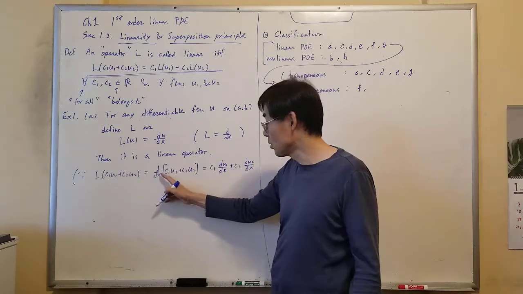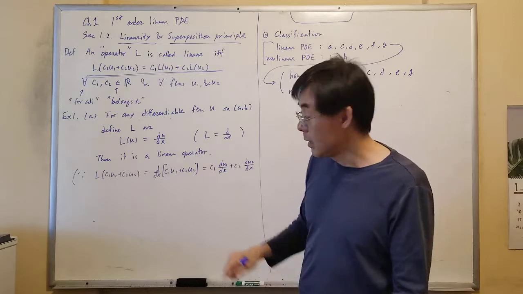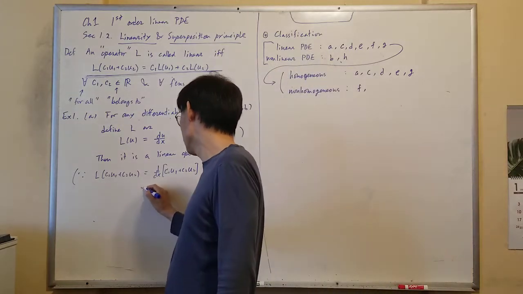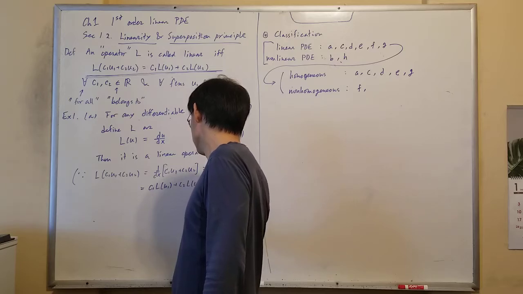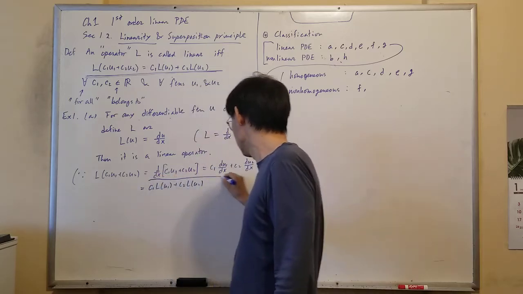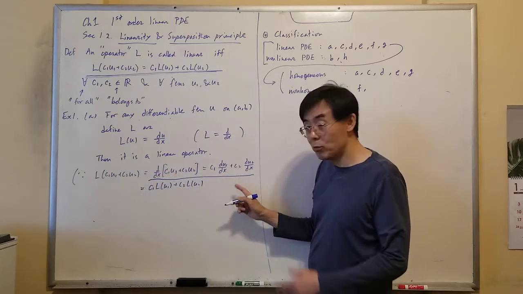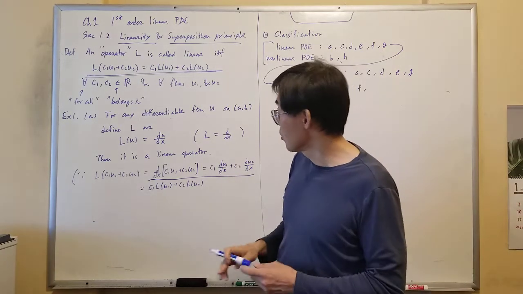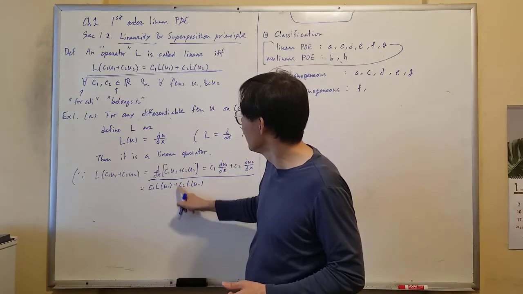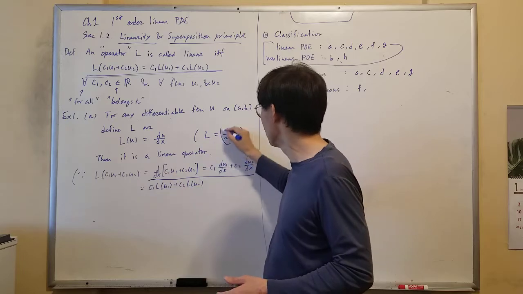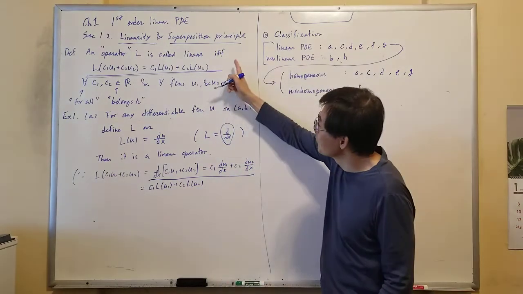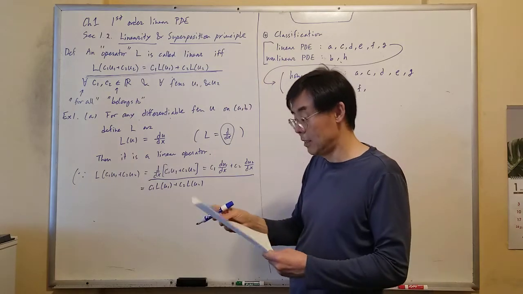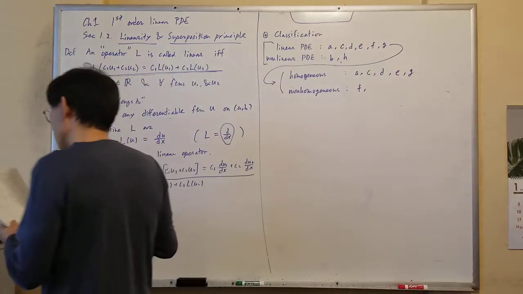We know that differentiation can be split over addition and constant multiplication can be taken out. That's C1 L of u1 plus C2 L of u2. So this very basic property we already learned in calculus 1 is nothing but linearity of this differential operator, right? So we are already very familiar with this linearity of an operator.